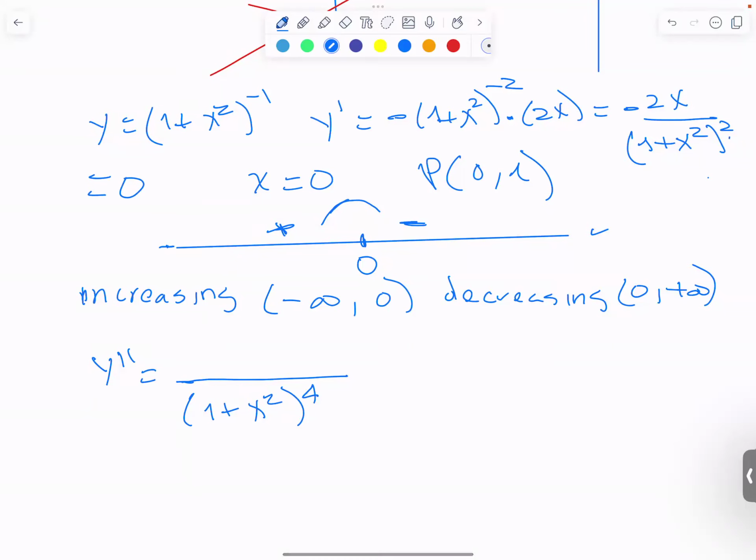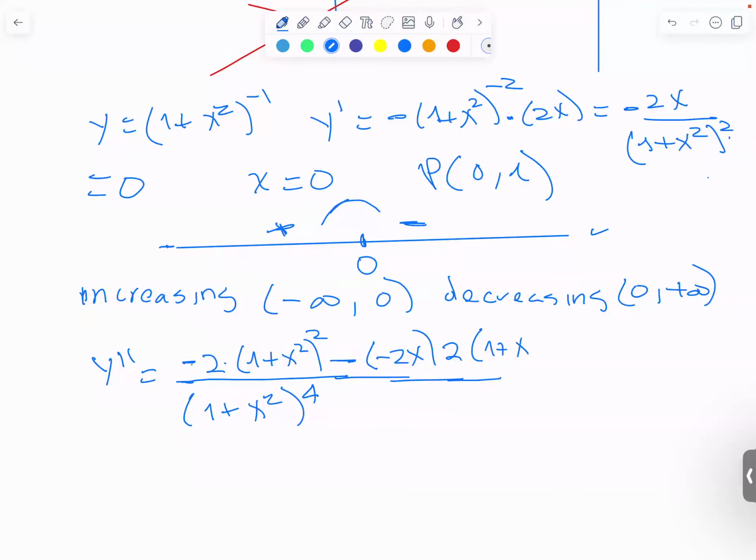The derivative of the top, negative 2, times the bottom, which is 1 plus x squared, minus the top, which is negative 2x, times the derivative of the bottom, which is 2 times (1 plus x squared) times the derivative of the inside, 2x.